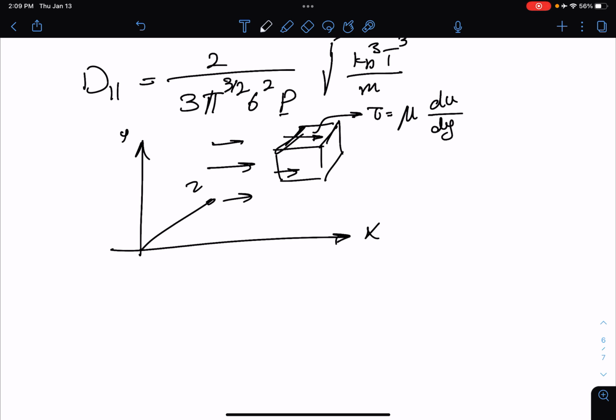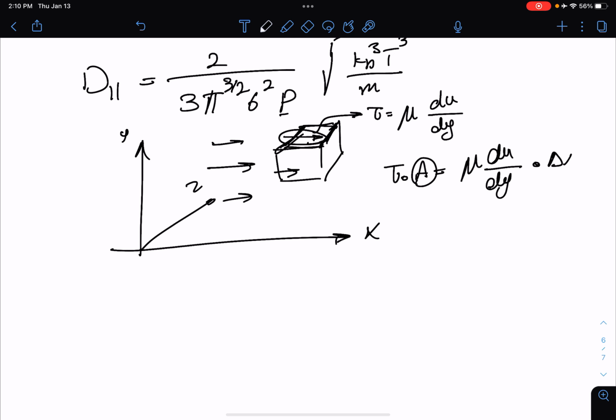So this shear force is going to be tau multiplied by A, or mu viscosity du dy multiplied by the area, this area specifically. So delta x, delta z. I'm sorry.